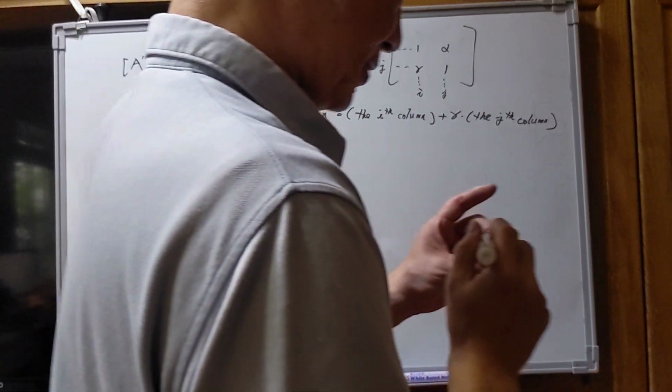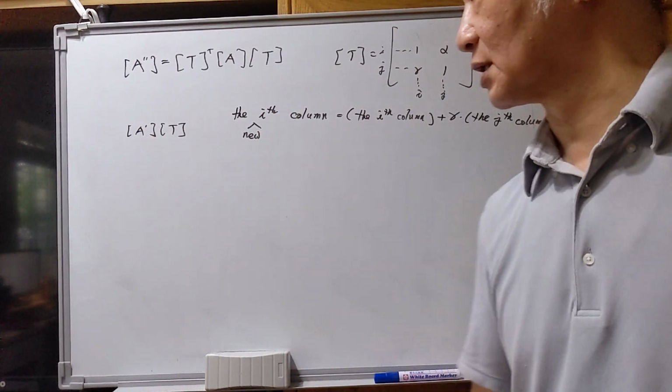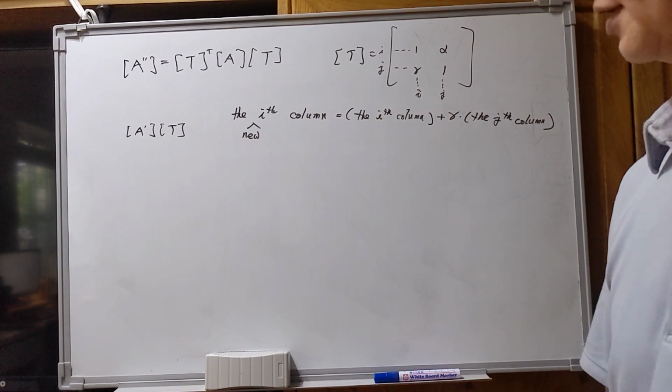So the new ith column is the original ith column plus gamma times the jth column.